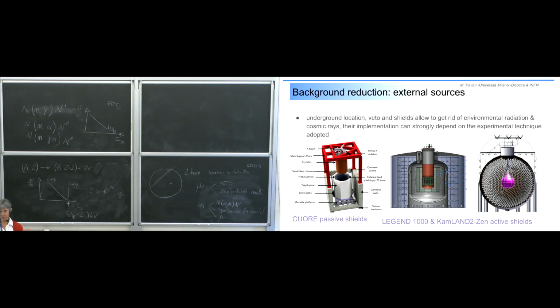So the first answer is we go underground because vetoes are not efficient above ground. Above ground, you have a problem, okay? Then the second is we need a fast detector. The veto has to be fast, because the response of the detector is important.